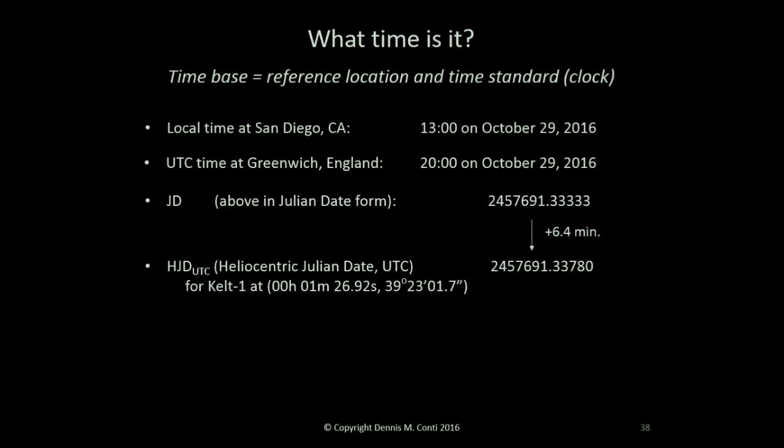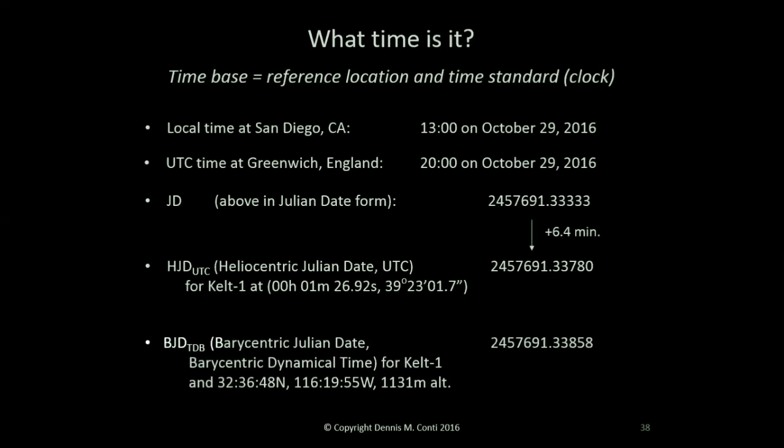But that's not even quite accurate because, as we said, the very center of our solar system is a little bit different from the center of the sun. We call the reference location of the barycenter BJD TDB, barycentric Julian date, barycentric dynamical time. In the case of Kelt 1, for example, we would use not only the RA and DEC location of Kelt 1, but in this case also our latitude and longitude.